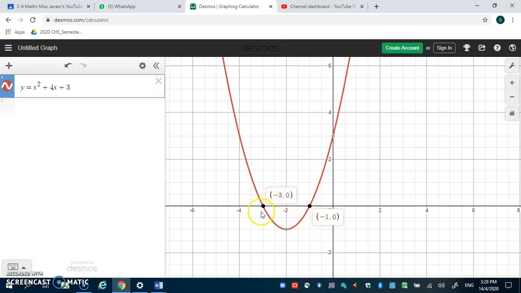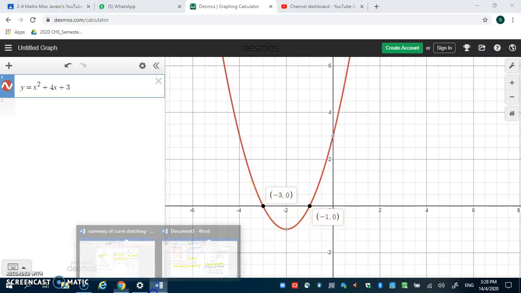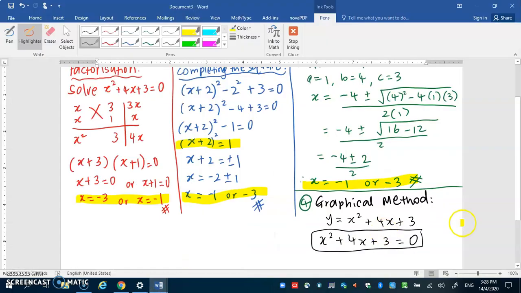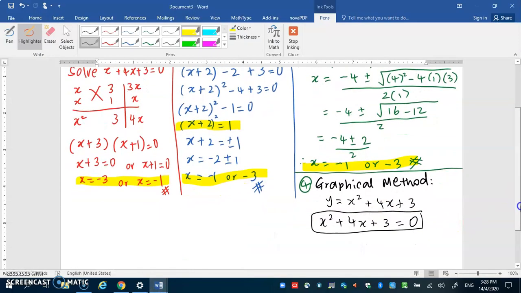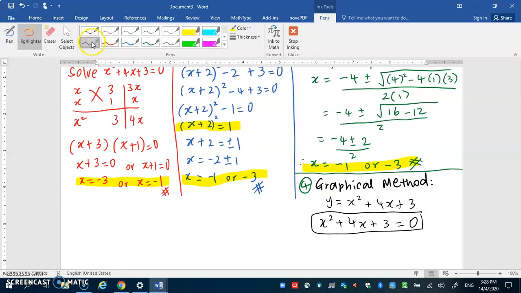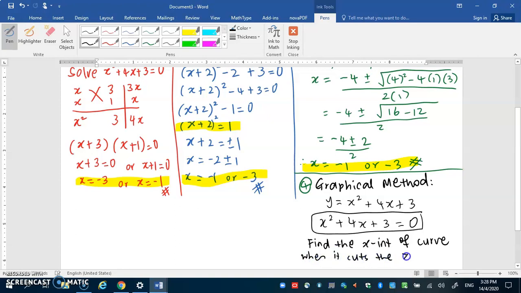They're asking you for the two values of x when the curve cuts the x-axis. Alright, so that was the fourth method, the graphical method. You go and find the x-intercepts of the curve when it cuts the x-axis.